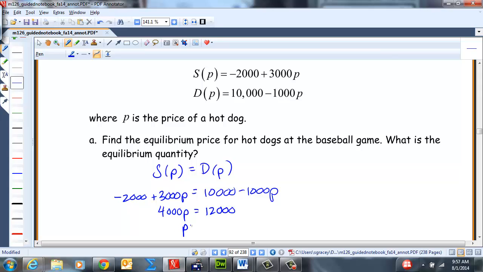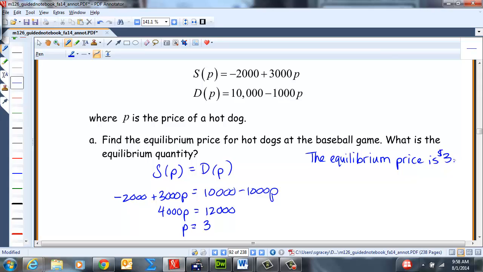So dividing both sides by 4,000, I get P is 3. Okay. So the equilibrium price is $3.